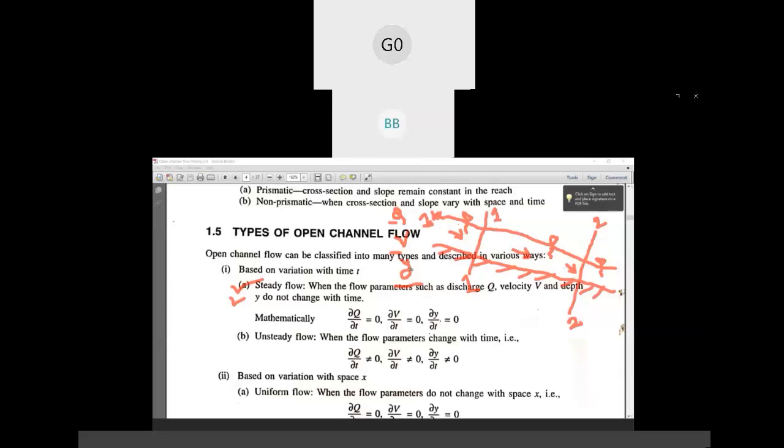Then that flow is a steady flow, meaning the flow is not changing with respect to time. It remains constant. If those values are not the same, then it is an unsteady flow. Understood?